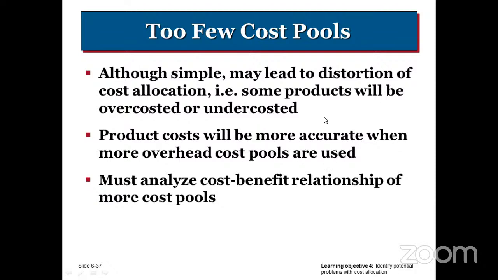Sometimes when the activity or the sales increase, the product will still receive the same amount of allocation. This is trying to explain that your basis is only one allocation base. You do not use multiple allocation bases. If you use two or three bases, maybe it is more accurate, yeah.